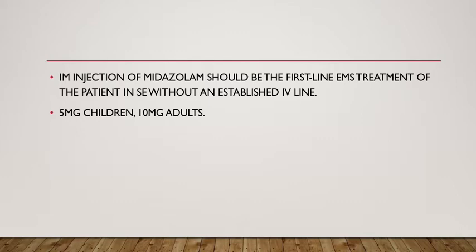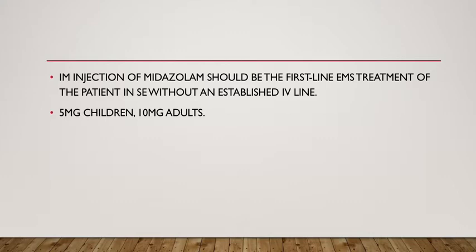When the patient presents with status epilepticus, at the beginning we usually don't have an intravenous line in place, and we can administer midazolam intramuscularly. We can also administer diazepam rectally, or we have other options, but there are some reports that say that midazolam stops seizures sooner than diazepam.